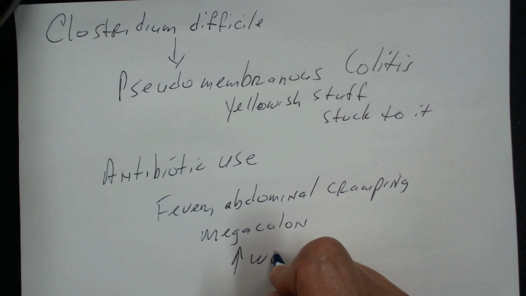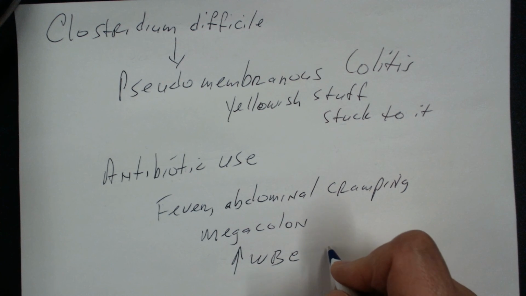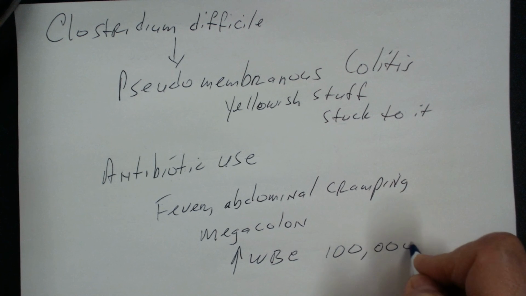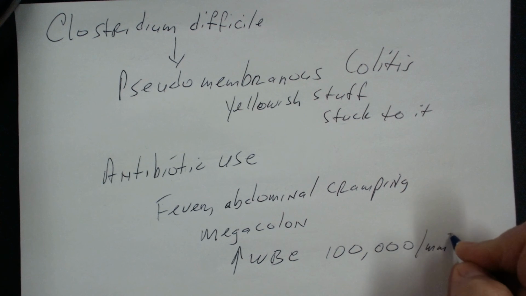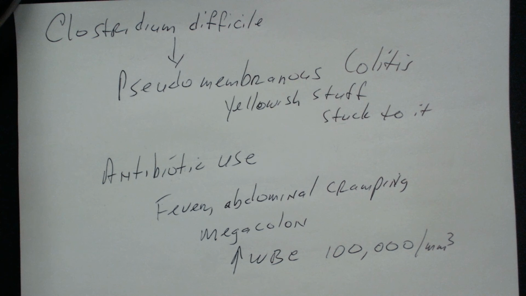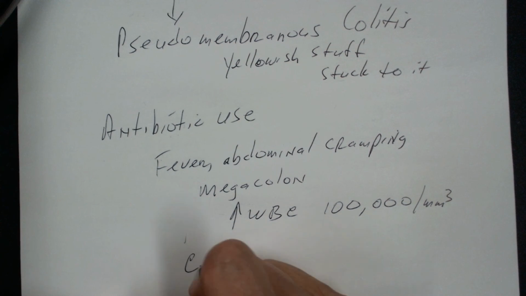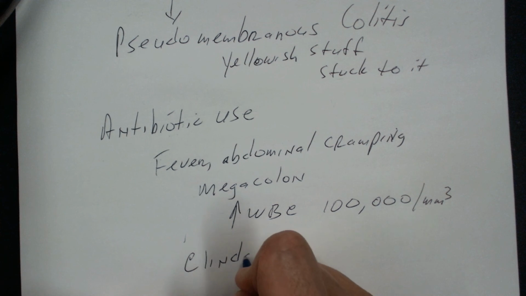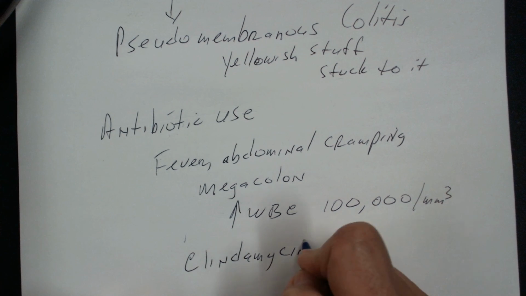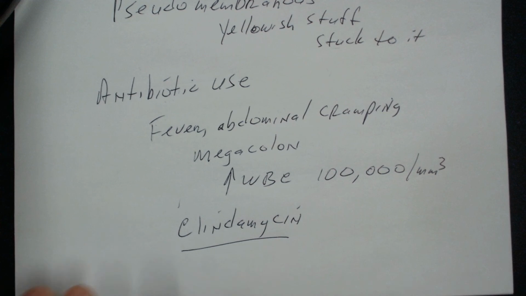So your white blood cell counts might be up to 100,000 per cubic millimeter. This infection is nothing to sneeze at. The biggest culprit is clindamycin. So clindamycin, but others can too.